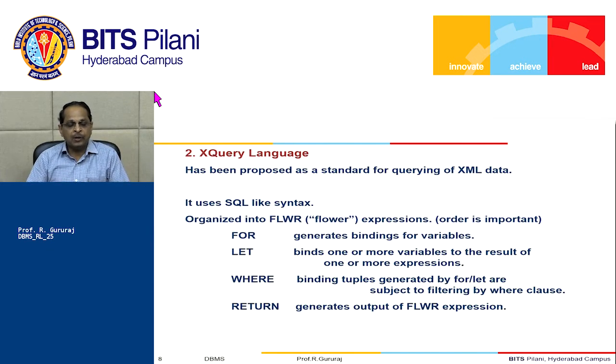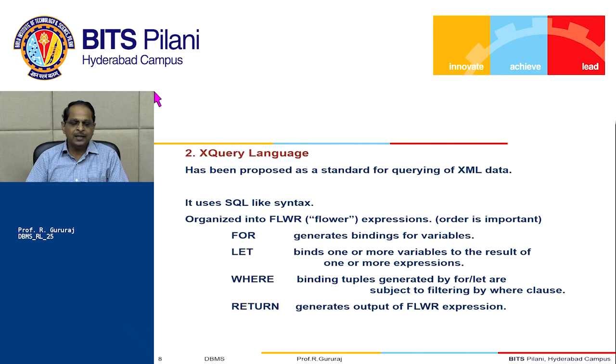Now the other query language is the XQuery language, which is more sophisticated than XPath, and it has been proposed as a standard for querying XML data. It uses SQL-like syntax. In SQL, what is standard? You use select, from, where clauses.